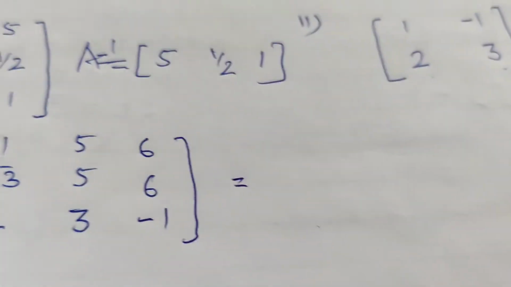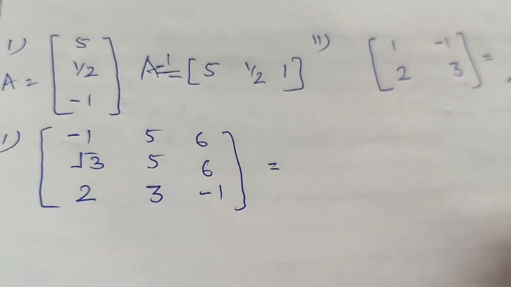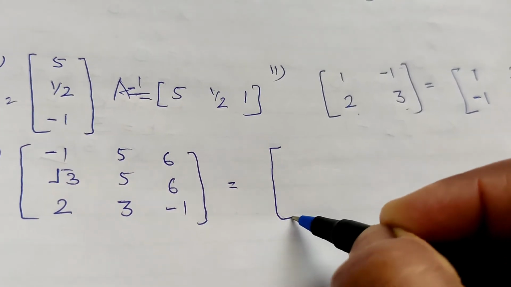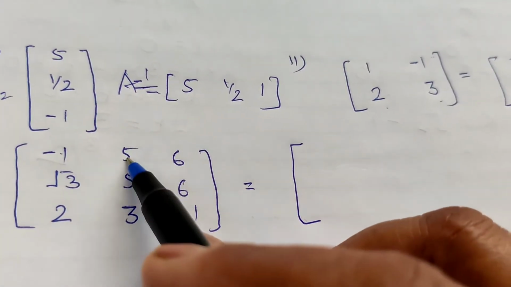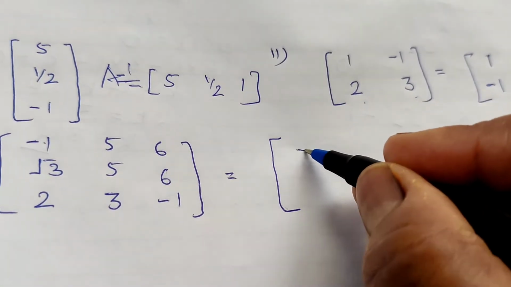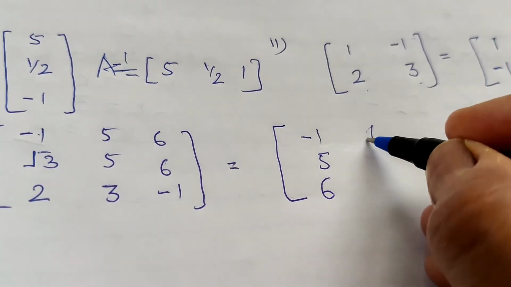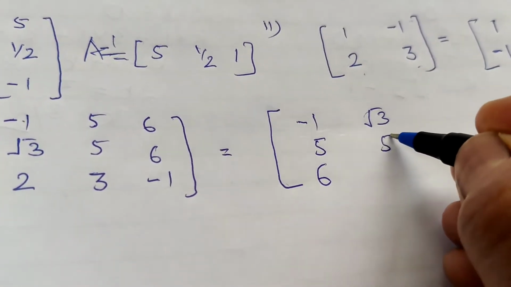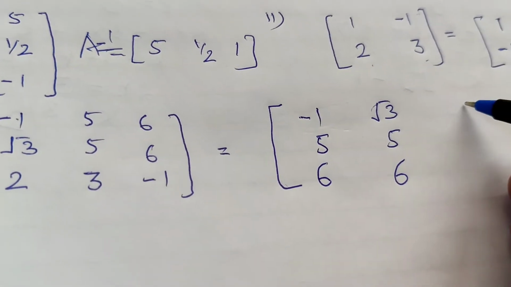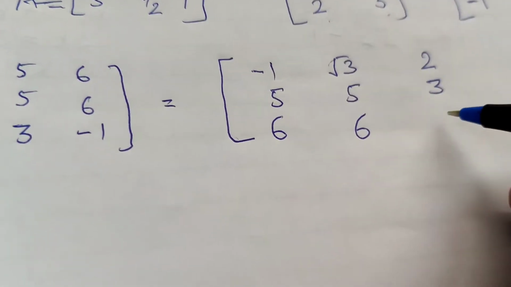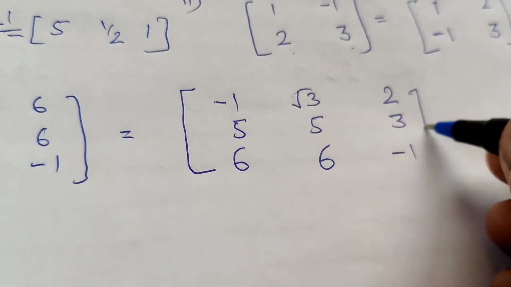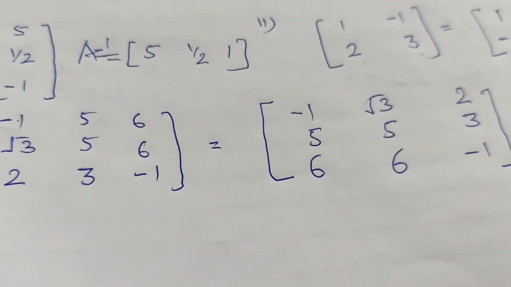And the third one, the same: the first row, -1, 5, 6, will be converted into the first column, the second row into the second column, and the third row into the third column. This is the transpose of the matrix.